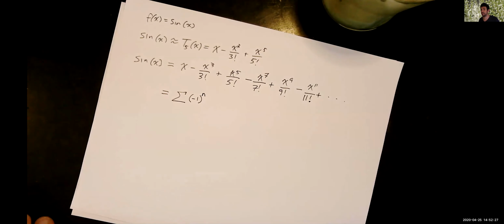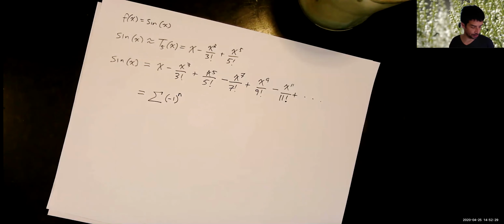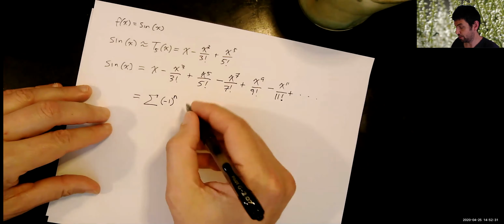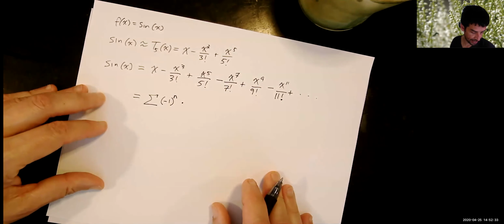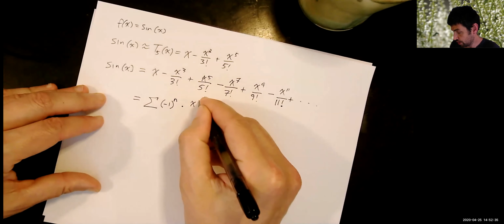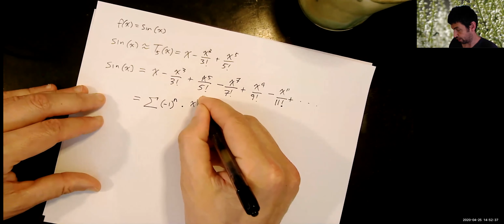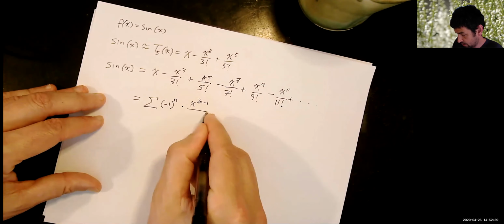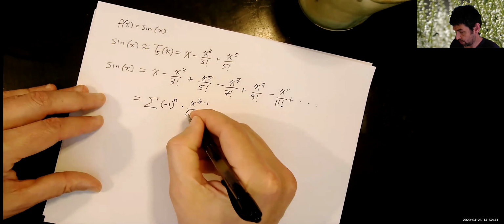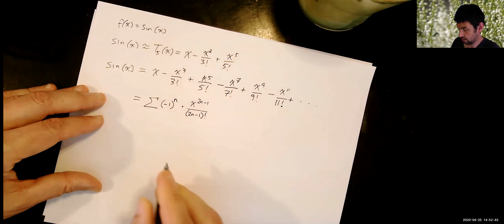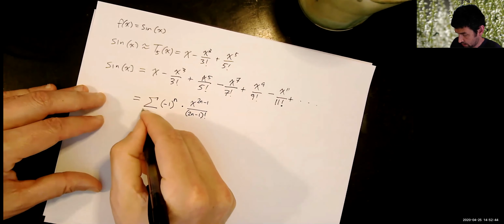But we have a little trick for accomplishing that, which is we skip over the even powers. So I'm going to write this and then we'll talk about it. And I'm going to start. Okay. So what have I done?